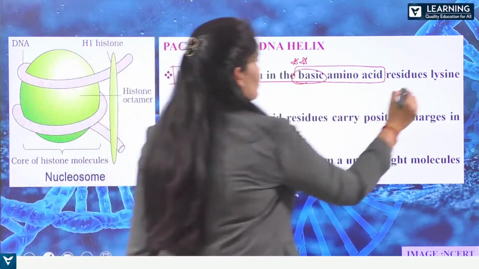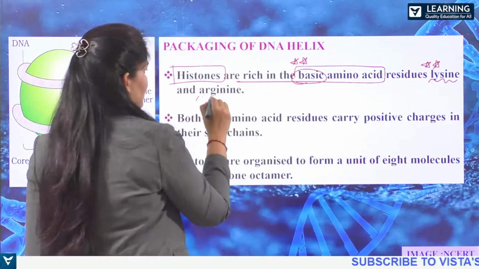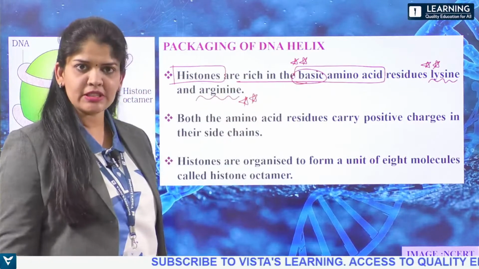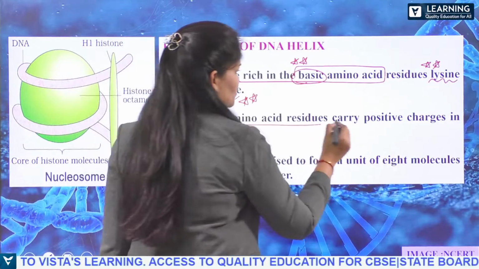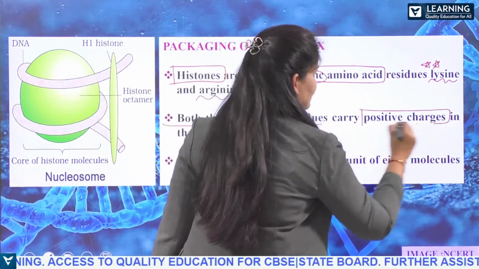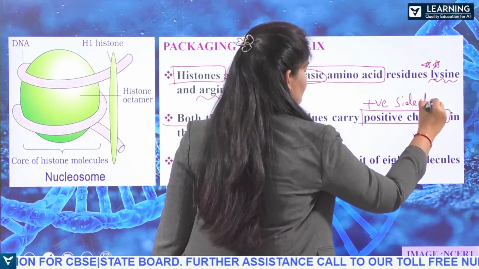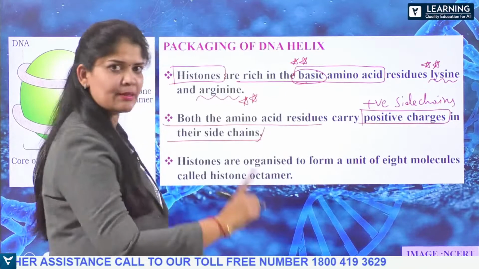Residues, what are they? One is lysine, important to remember, and arginine. Both lysine and arginine have positive side chains. Both the amino acid residues carry positive side chains. This is important.